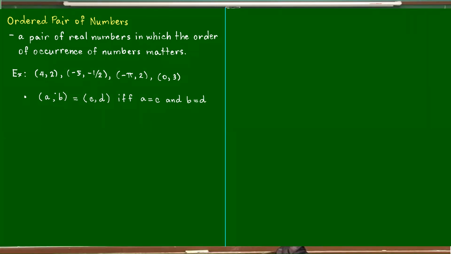We are going to use this notation to denote or represent a point in the Cartesian plane. So we say that (x, y), for instance, if this is our ordered pair, this ordered pair represents what?